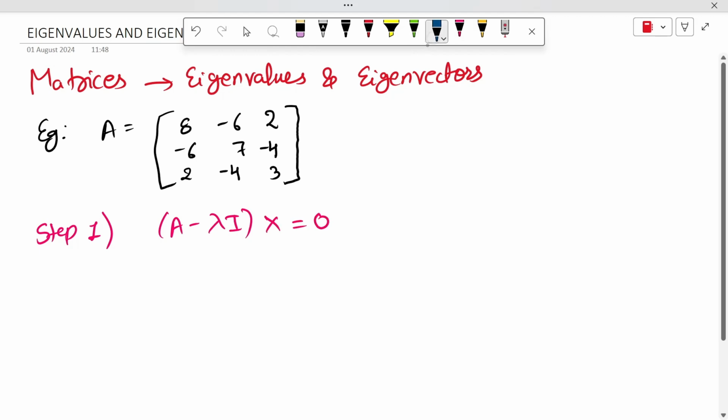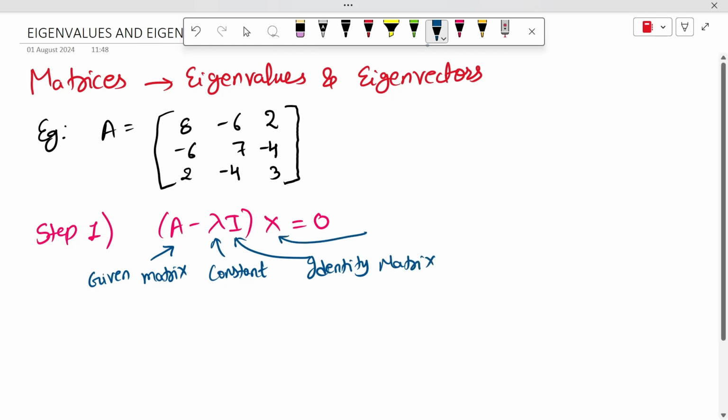Here A is the given matrix, lambda is a constant, I is the identity matrix, and x is the unknown matrix. So step 1 is to find this.